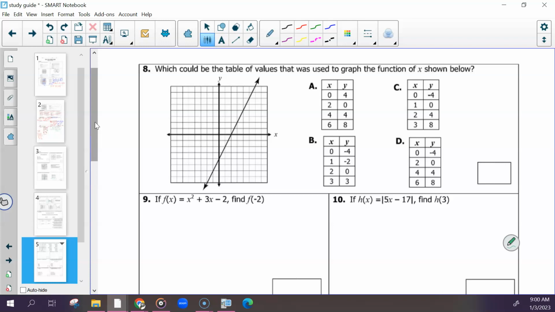But in the other questions, 21, 22, 23, those are all f of some number. So that's f of x. You're given your x, you have to find y. 24, 25 are f of x equals some number. So that's y. You're given y, you have to find x. So you have to keep those two straight.